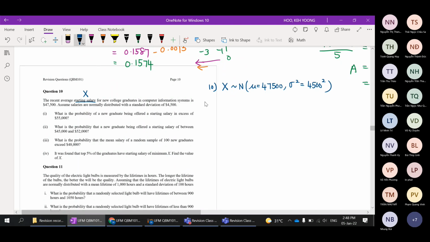Question 1, what are we looking for? The probability that the salary is in excess of 55,000. In excess means more than 55,000.